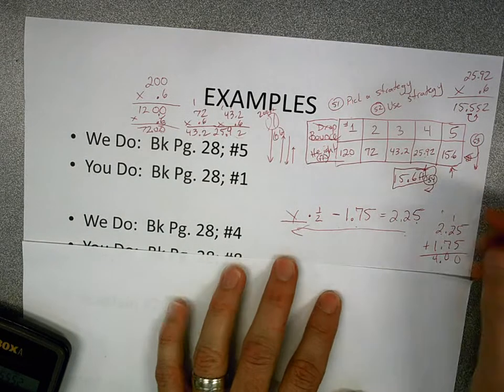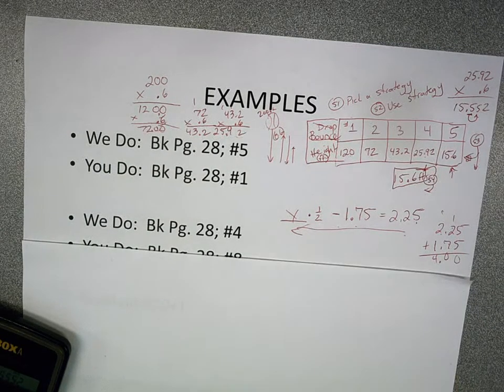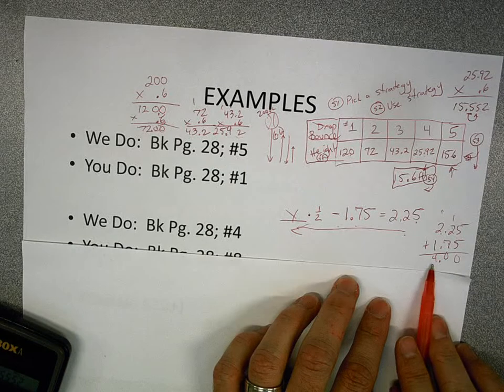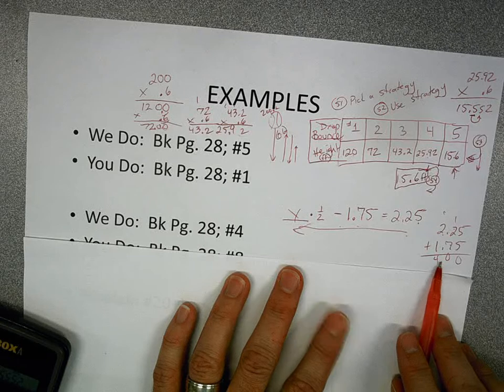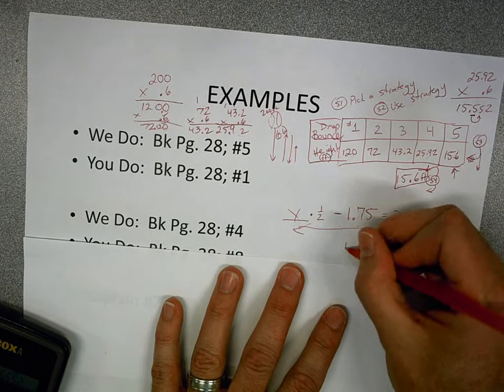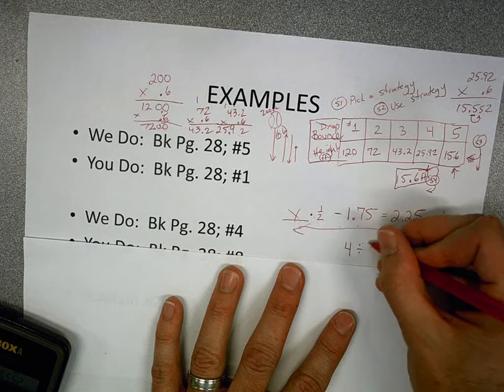Now remember, it says she used half of her allowance to buy a ticket to the class play. So it's not 1/2 of 4, right? We're not multiplying 4 by 1/2. You're taking 4 and doing the opposite of multiplying by 1/2. You're going to divide by 1/2.